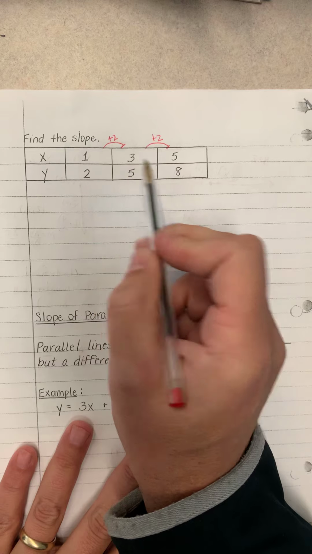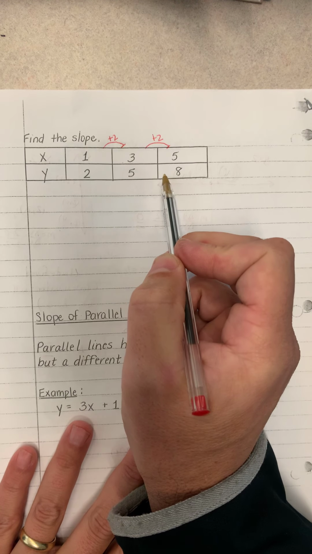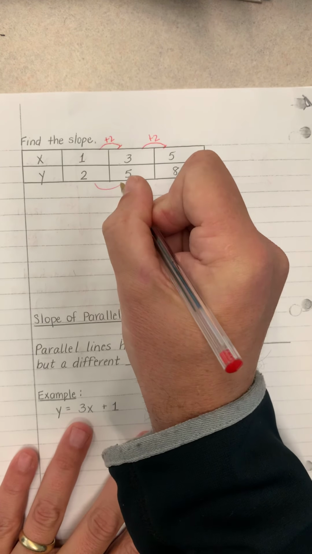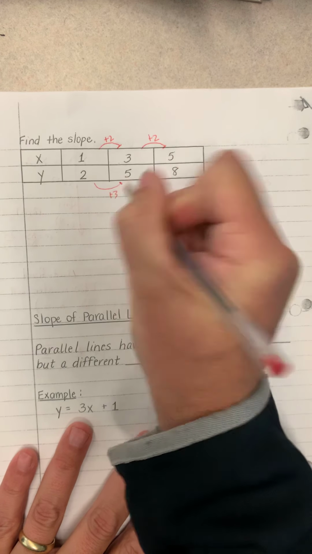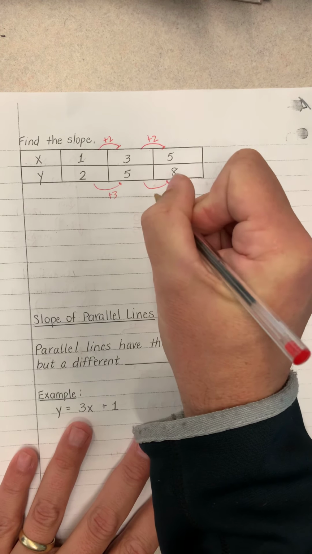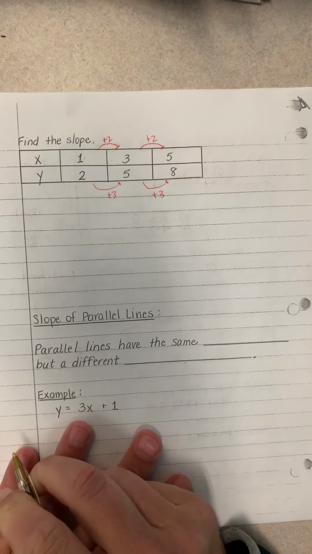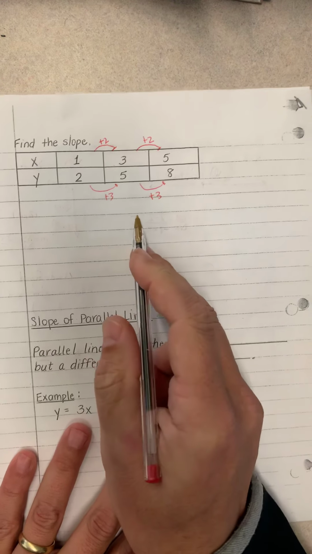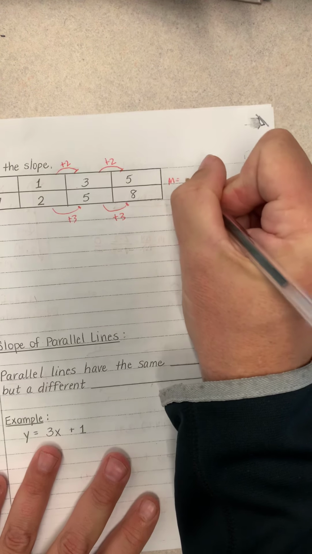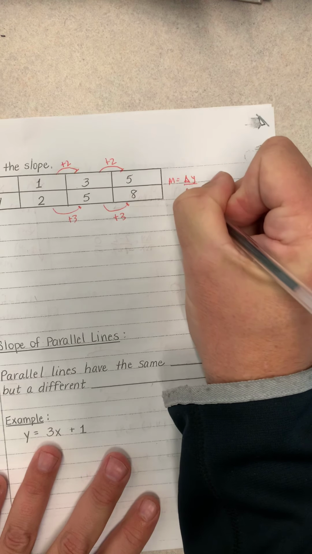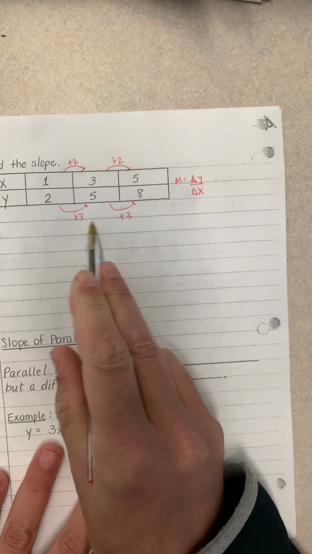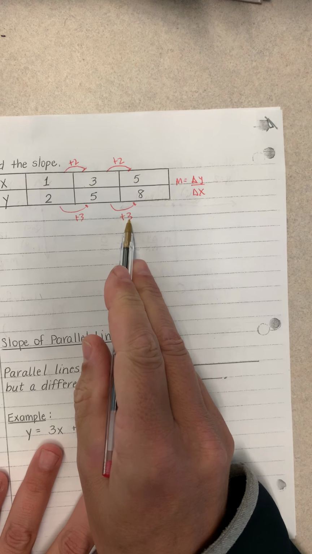And again, you're just doing change in y over change in x. To get from 2 to 5, I add 3. To get from 5 to 8, I add 3. The rate of change is constant. I can do change in y over change in x. And again, you are just figuring out what this change is.